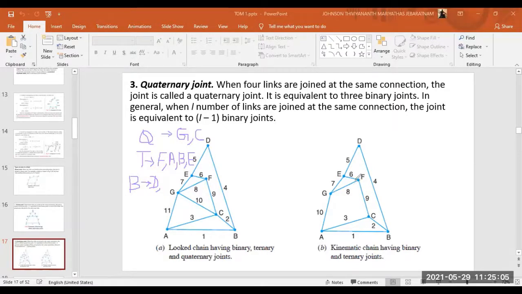Why? Because F is a ternary joint, E is a ternary joint, C is a ternary joint, G is also going to be a ternary joint. So the quaternary joints G and C exist only if I join the link. If I remove it, this diagram will not have any quaternary joints.